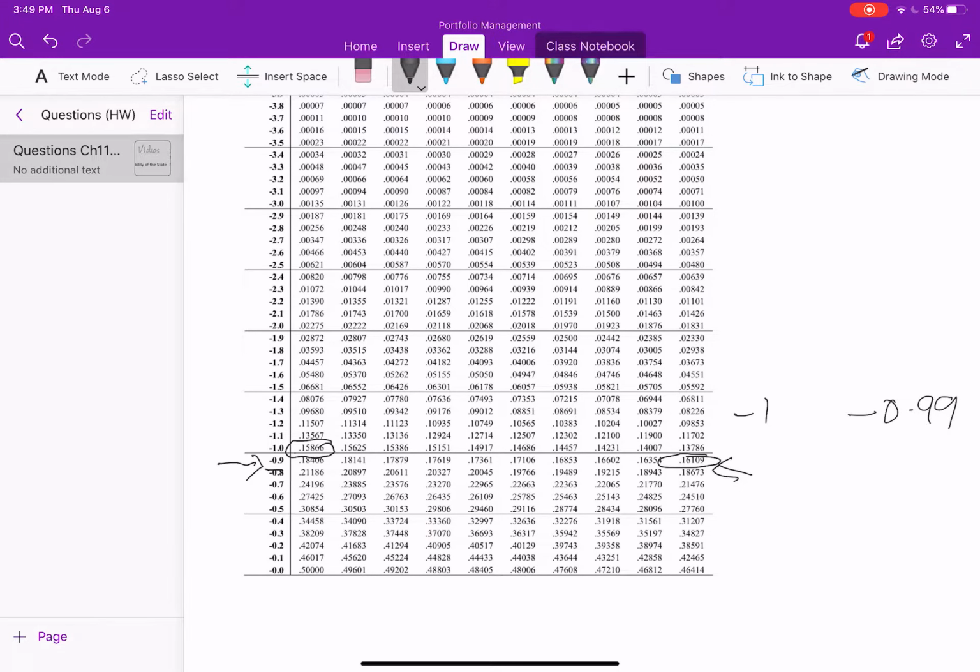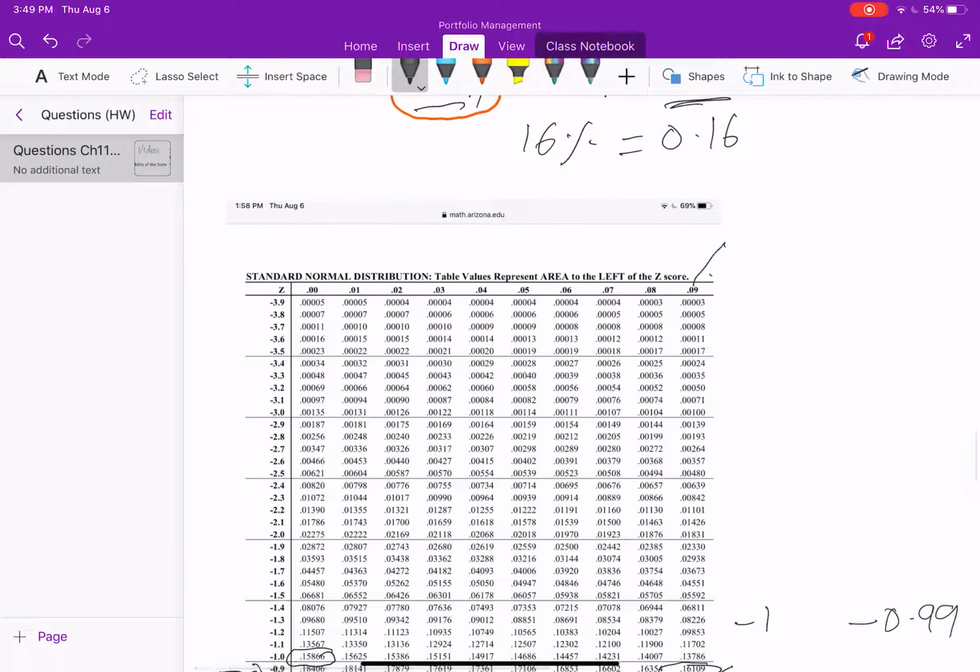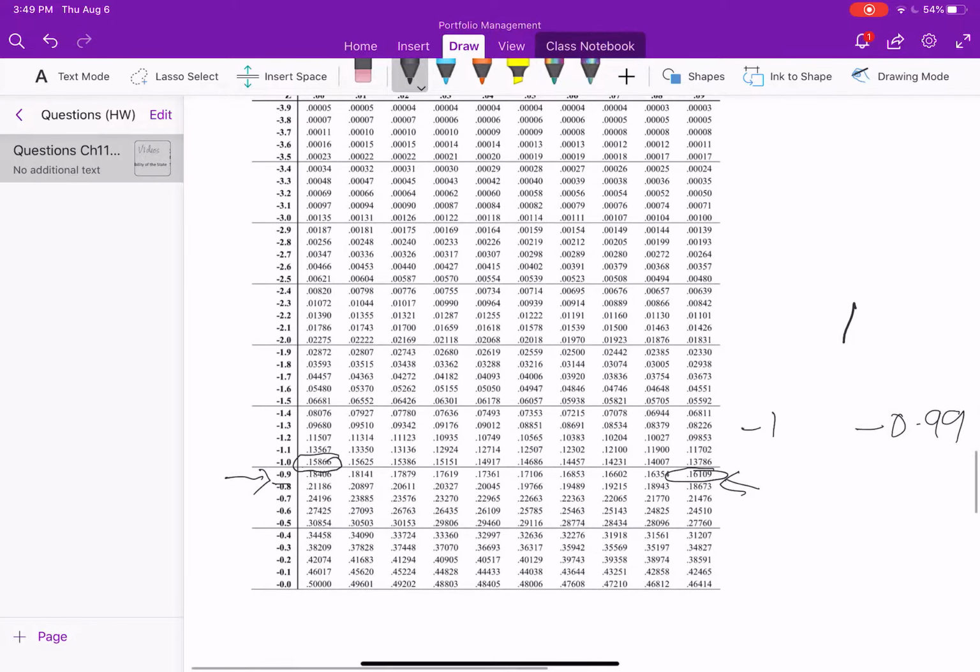So this is 0.9 over here, but we also have 0.09 over here. We have to add them together, right? So 0.09 plus 0.9 becomes 0.99. So it means that the 16% is lying somewhere between 1 and 0.99. It's almost in the middle.